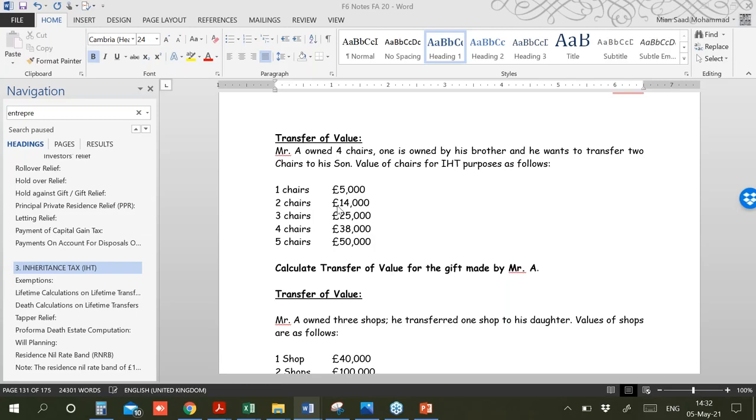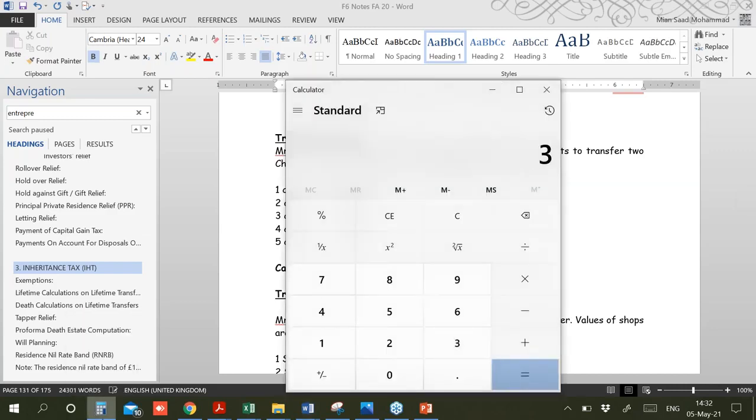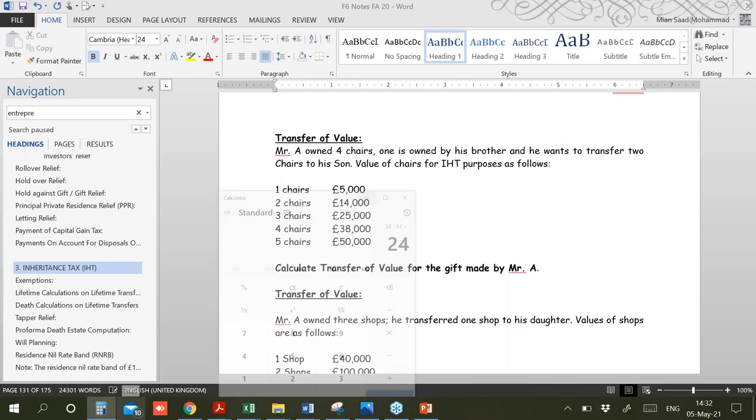So after the transfer, his wealth is 14,000. So we'll be taking the difference between 38 and 14 rather than taking 14 as a value. The difference, 38 minus 14, is 24. So we'll take 24 as the transfer value rather than 14.